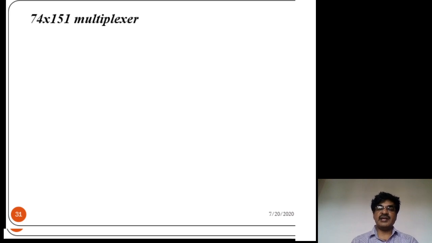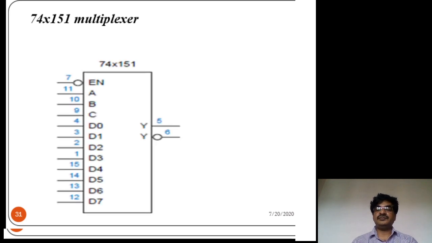So let us see the pin diagram of IC 74151. This is the pin diagram. EN is the enable input, but it is active low. In order to activate the IC, it needs 0 on the signal line, because it is active low.